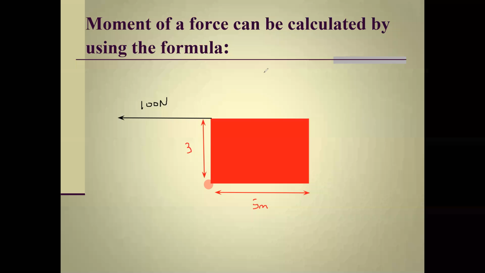The unit of the moment depends on the unit of length. The unit of force is Newton. If the unit of distance is meter, then it will be Newton meter, or it can be Newton centimeter. Both units are acceptable. So if I want to calculate the moment here, moment is force multiplied by perpendicular distance. This point is a pivot.